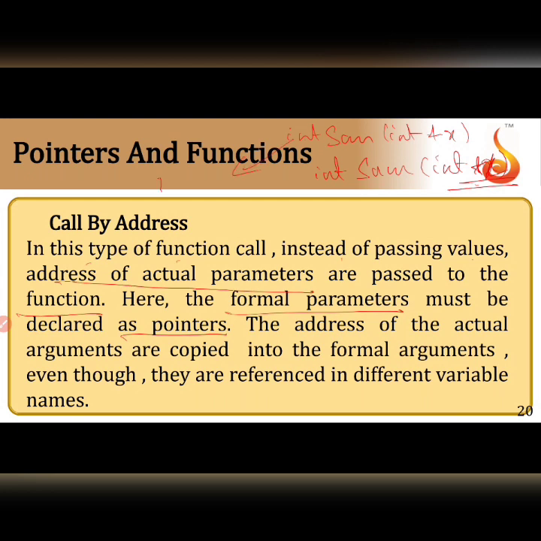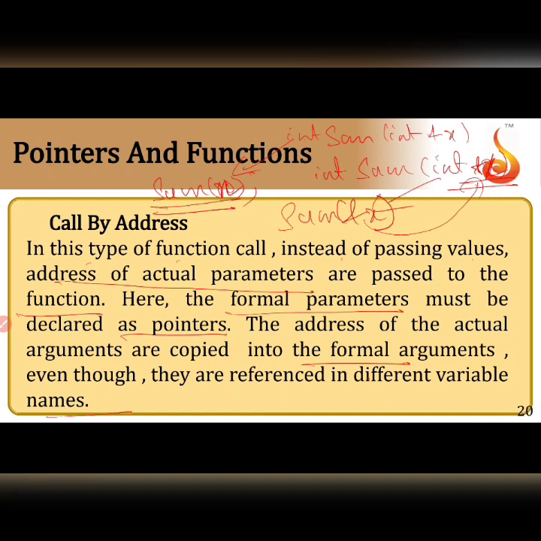I just said sum of x, suppose x is 10. This is the function call, whereas if I have to call this function, I need to write it as ampersand x. The address has to be passed to the pointer. So the addresses of the actual arguments are copied to the formal arguments.